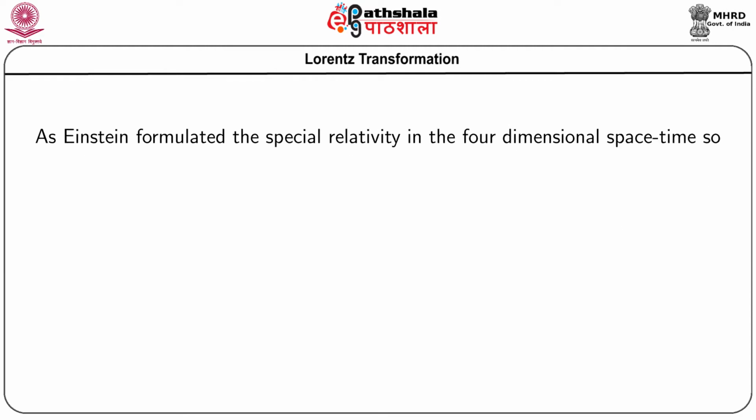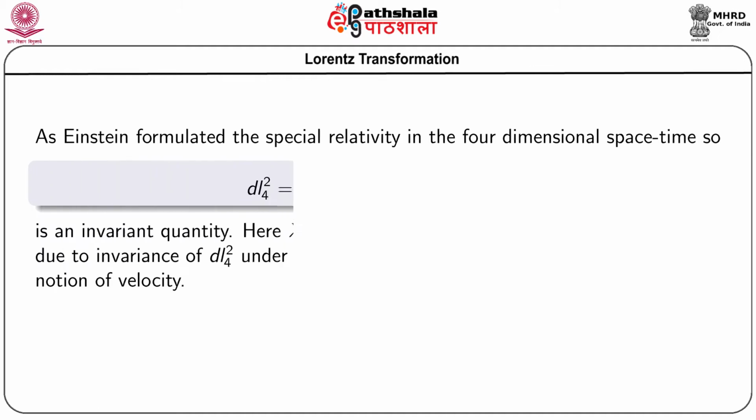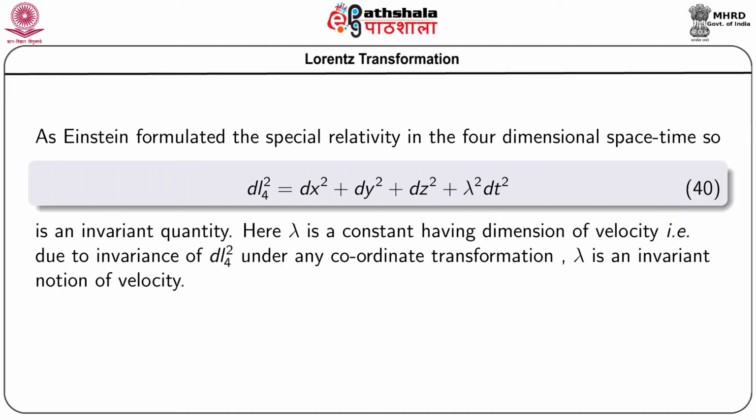Now, as Einstein formulated the special relativity in 4 dimensional space time, we can consider this form: dx square plus dy square plus dz square plus lambda square dt square, and it is an invariant quantity, where lambda is a constant having dimension of velocity.